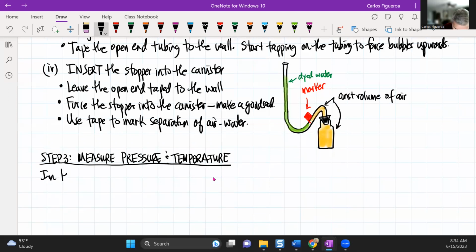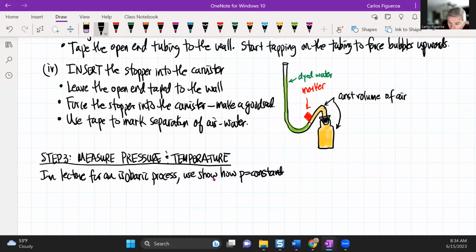In lecture, for an isobaric process, we showed how P was equal to a constant. It was because the piston head was floating.